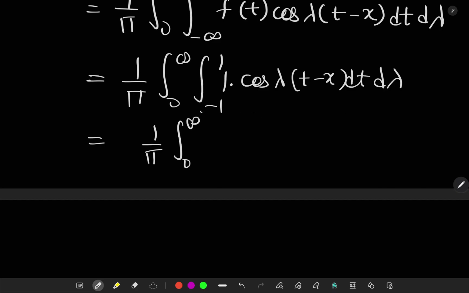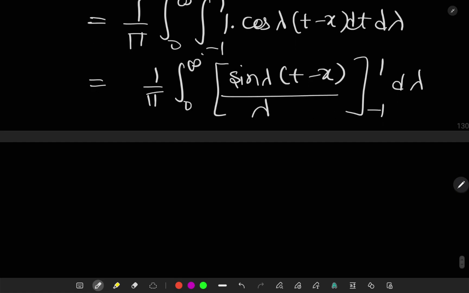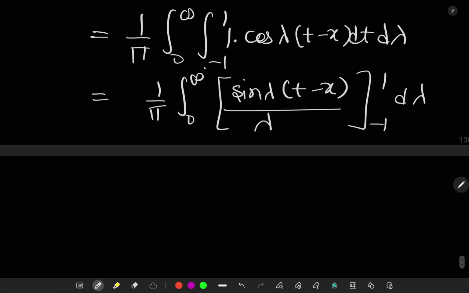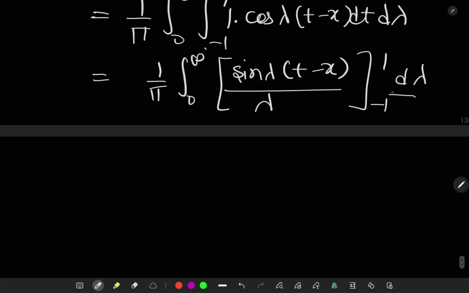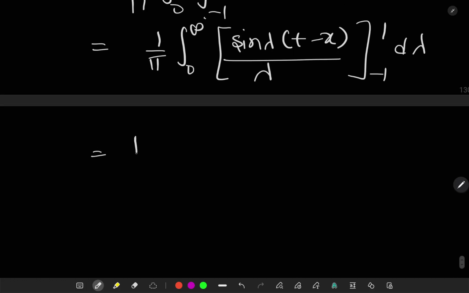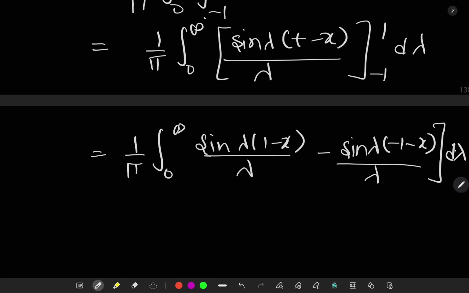Now integrating this term, we get sin λ(t − x) divided by λ, and here it is dλ. On integrating, after putting the limits, we get this dλ.